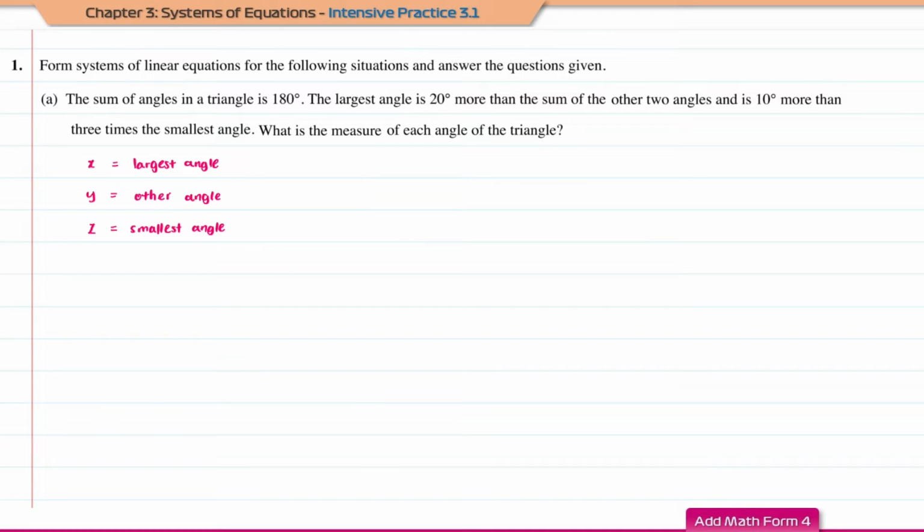The first one is the sum of angles in the triangle is 180 degrees, which means X plus Y plus Z is equal to 180.